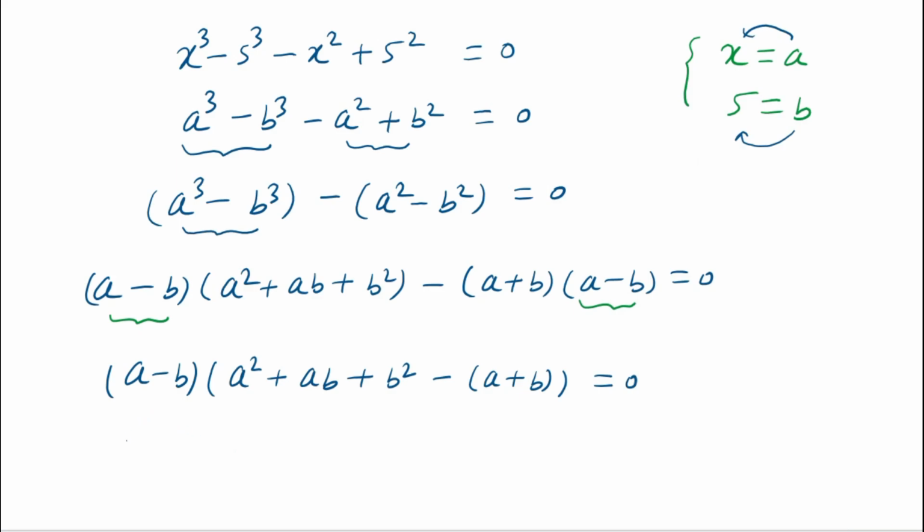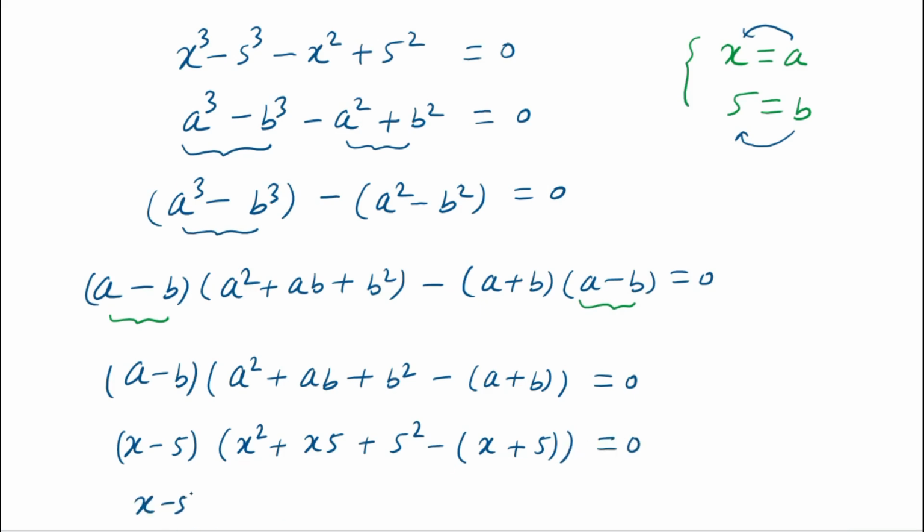So a is replaced by x minus, and b is replaced by 5. And here a is replaced by x square plus x times 5 plus 5 square minus bracket x plus 5, and this is equal to 0.